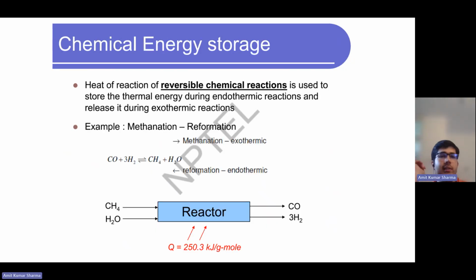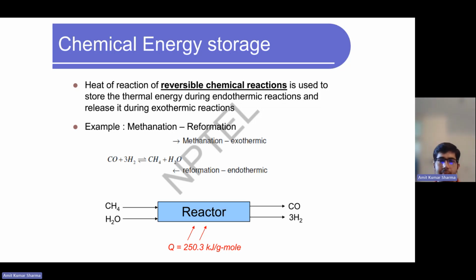And now the chemical energy storage. So the heat of reaction of a reversible chemical reaction is used to store the thermal energy during the endothermic reaction and release it during the exothermic reaction. So you know that some reactions are exothermic or endothermic.